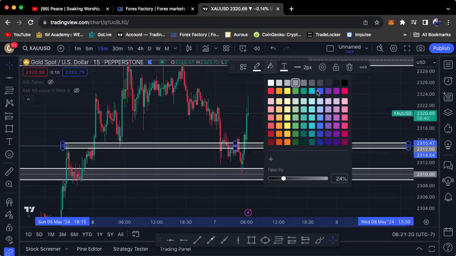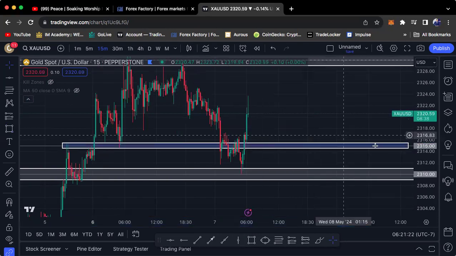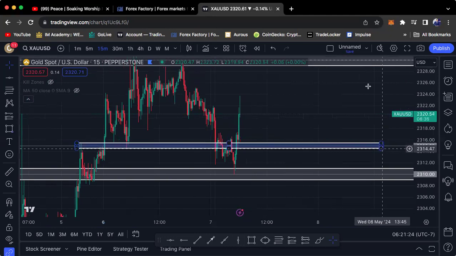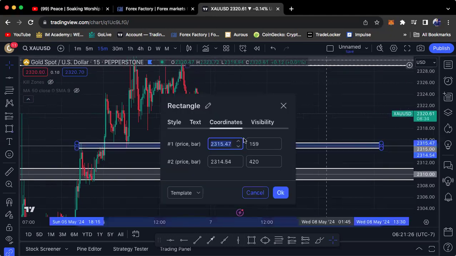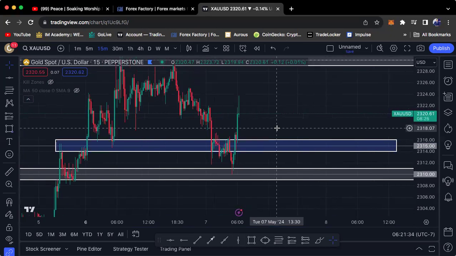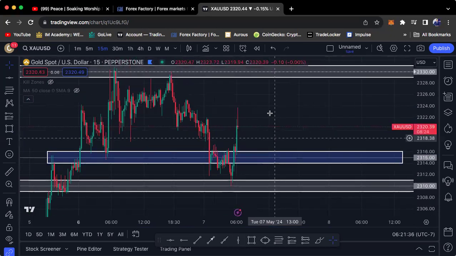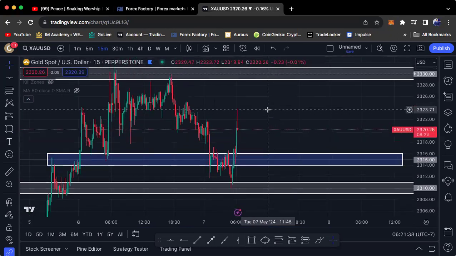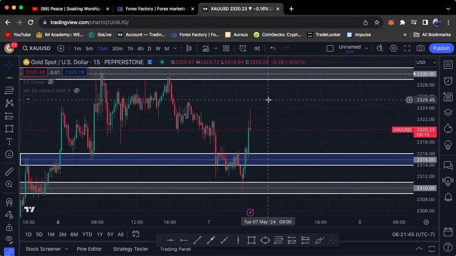I'm going to draw this blue for my internal zones. 20 pips apart. Round it to the nearest whole number. You see here, 23, 20, 24, 25.